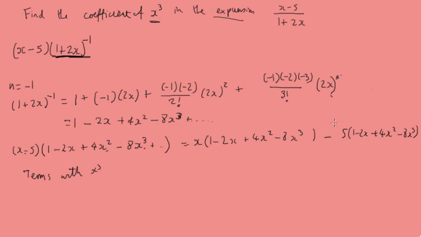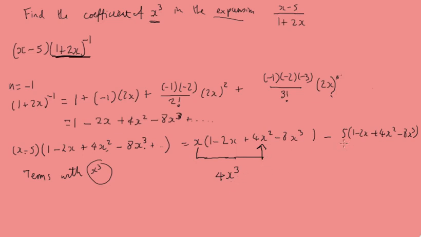Now let's look where we're going to get x cubed. That's what we're thinking about. So if we multiply 2, that's not going to give us an x cubed. That's not going to give us an x cubed, but this is. So we're going to get 4x cubed.